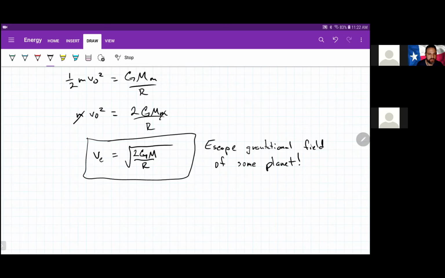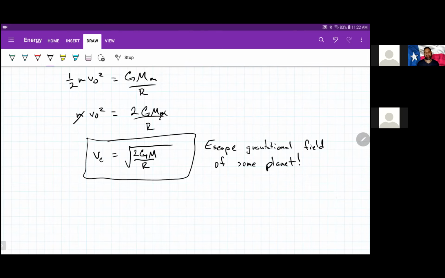You have to look at this equation, and you have to look at the potential equation and what we know about 9.81, the acceleration due to gravity, to solve the escape velocity for leaving some other body.